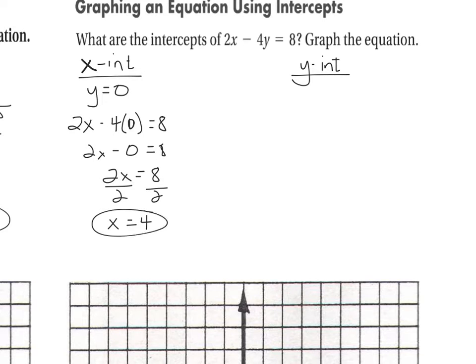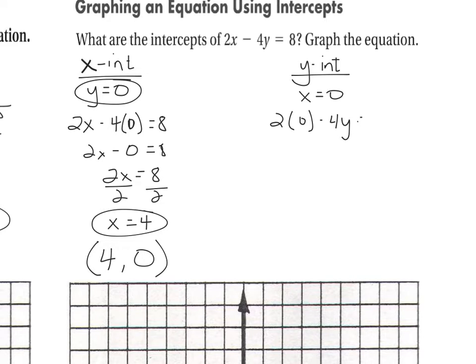Again, in these ordered pairs, x always goes first. That's 4, and y is always second. That's 0. To find the y-intercept now, I'm going to make x be 0. So it's going to be 2 times 0 minus 4y equals 8. 2 times 0 is 0, and I don't need the 0, but remember the negative stays attached to that 4.